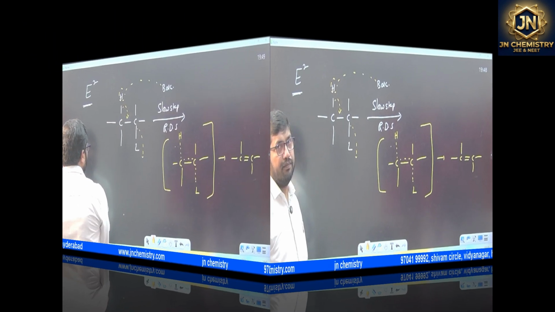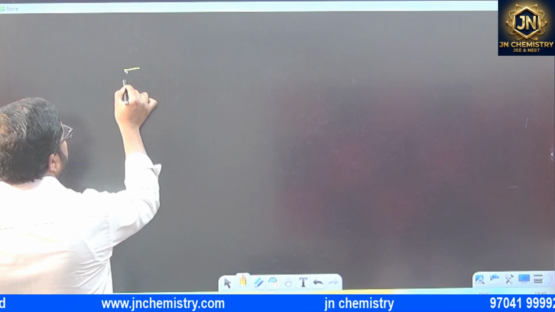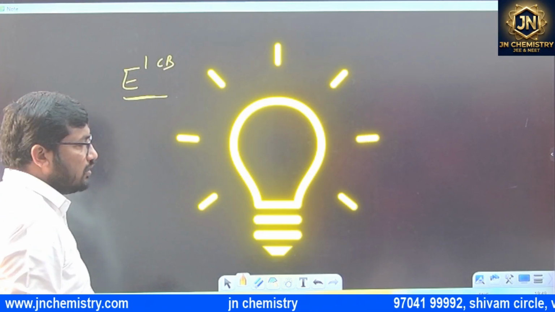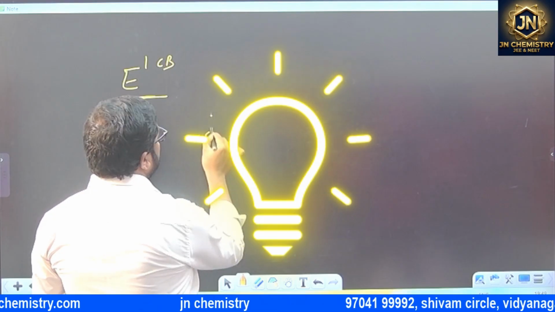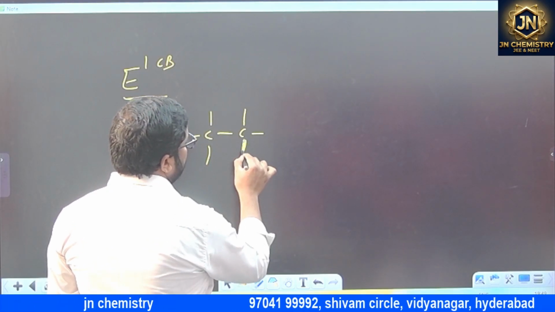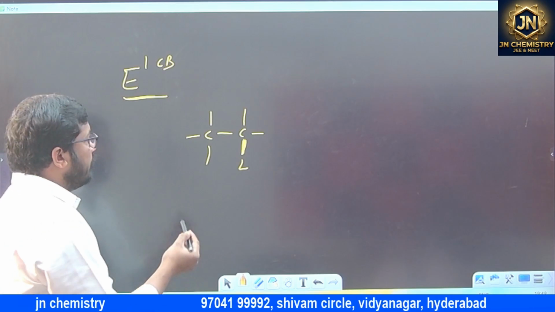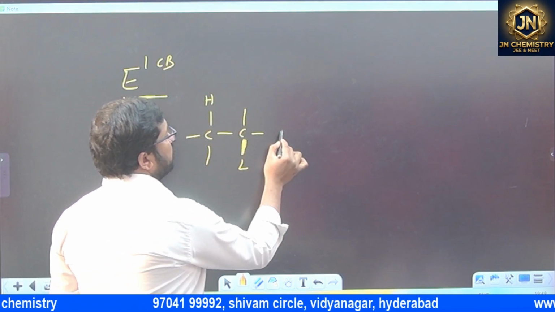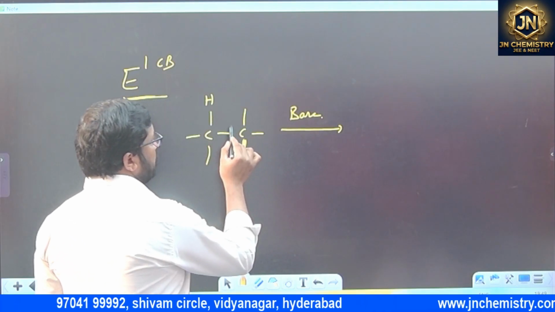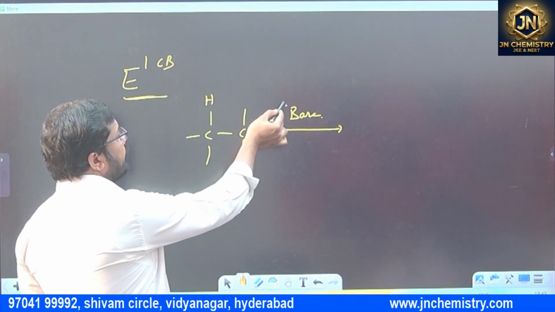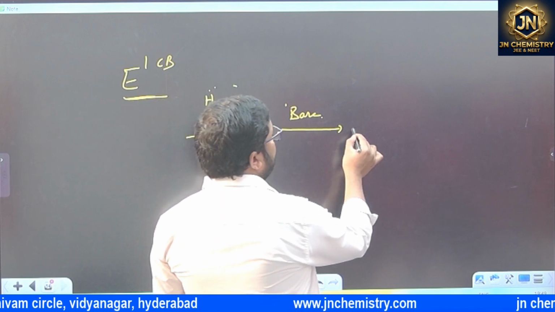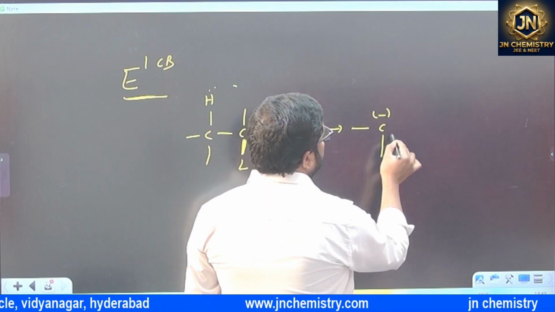Write it down: E1CB, last. This is important. This is exactly opposite to that one. Generally when we have a poor leaving group, we will use this. Here the base acts in the slow step itself. First the base is coming and taking the H plus right here, so negative charge is coming over here.